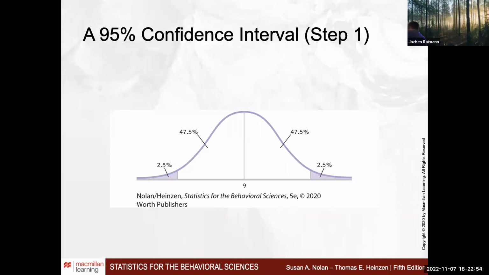So you want to quantify here this 95% area under the curve that basically contains 95% of everything under that curve, and you only leave the tails with 2.5% on both sides out.